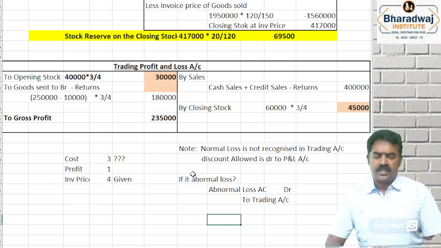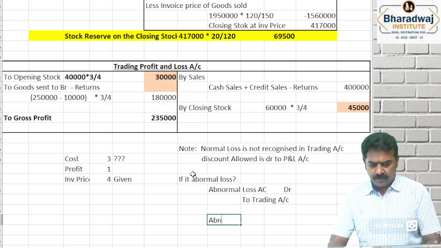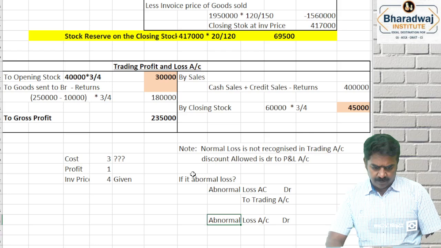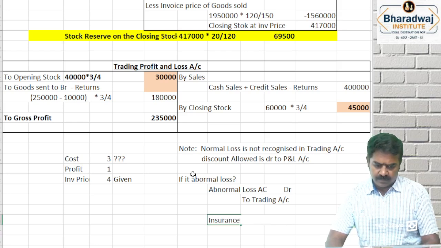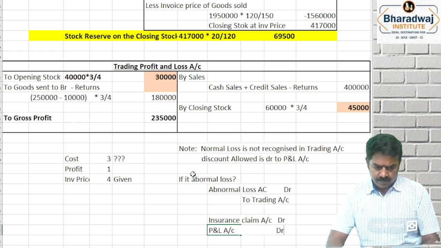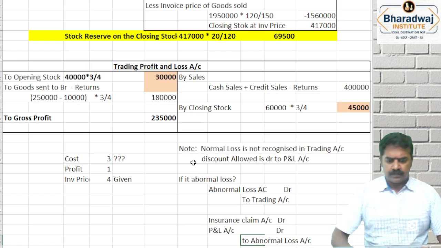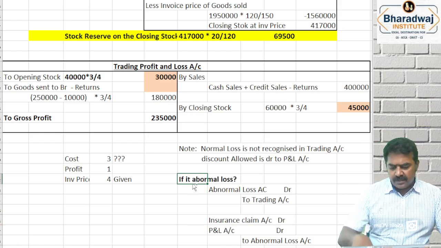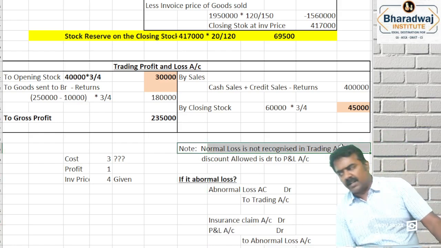Then after adjusting the insurance claim, the balance goes to P&L. Like this, we'll recognize the abnormal loss. The question has no abnormal loss, so it's only a normal loss. Normal loss is not recognized at all in trading.